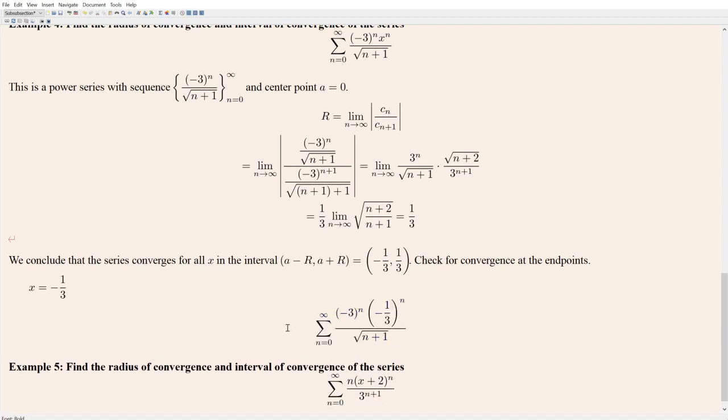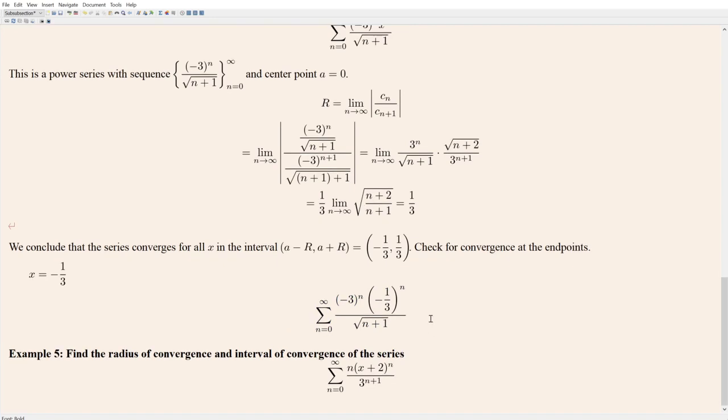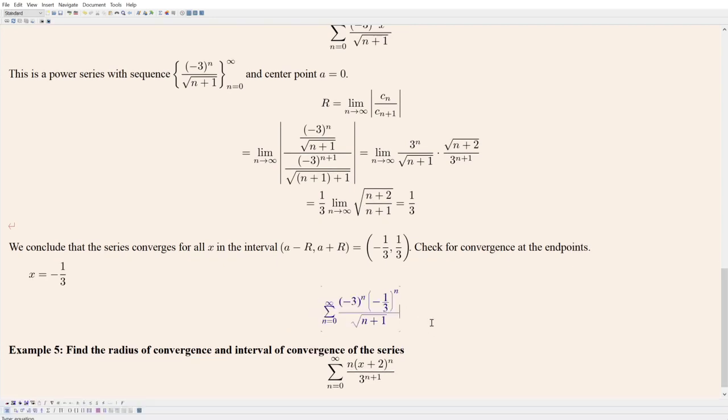Like so. Oh, okay. So this is the same as 1 over negative 3 to the power n.